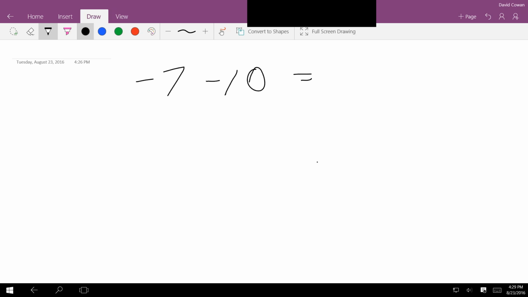It's the same as this. -17. Yes. In other words, change it to an addition problem. Change the sign. Now you have -7 plus -10. That's -17. But again, it was harder for you. So let's get to a point where you can do these as easily as you can do A+ math.